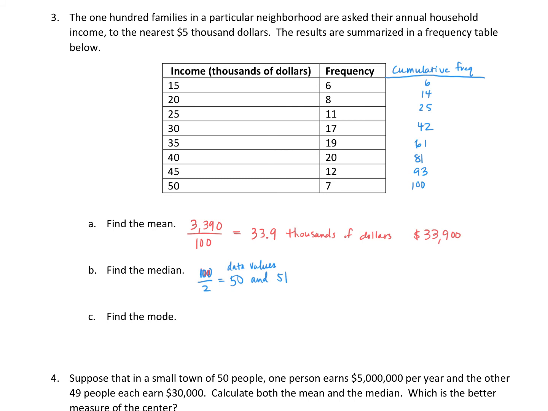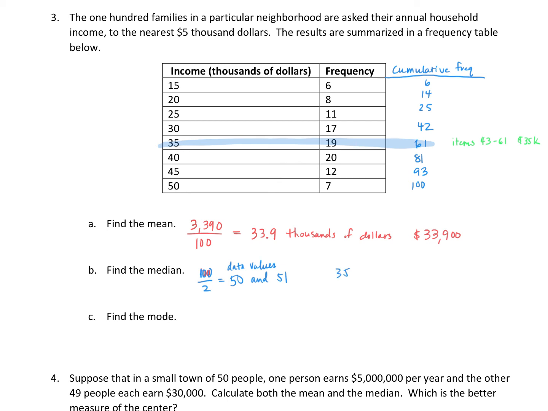They are going to have to be in this one, because this one says that items 43 through 61 are 35,000. So that means 50 and 51 are both 35,000.